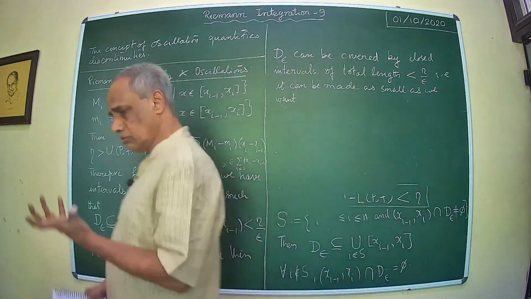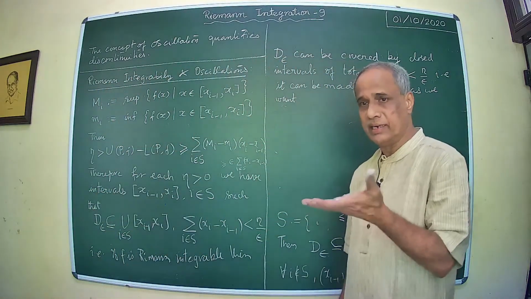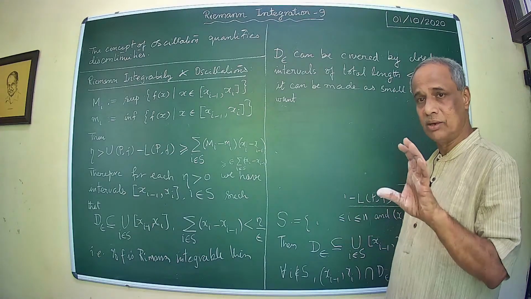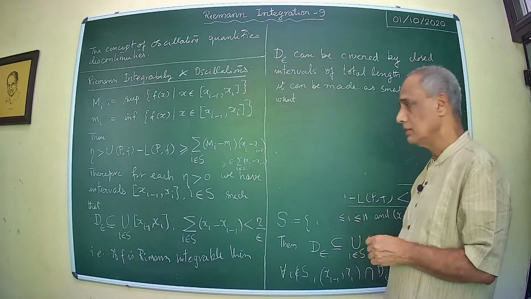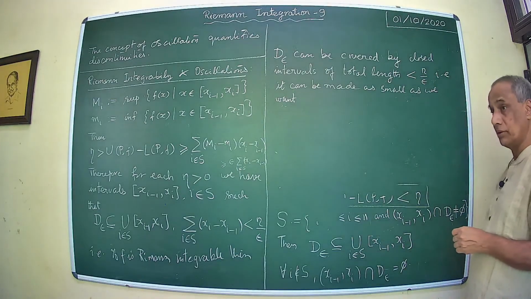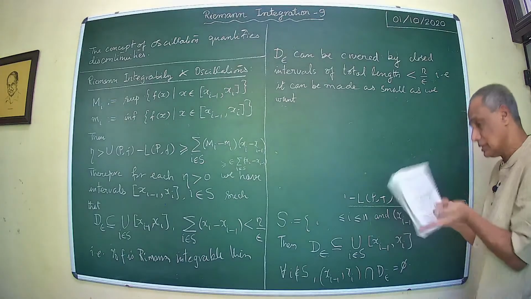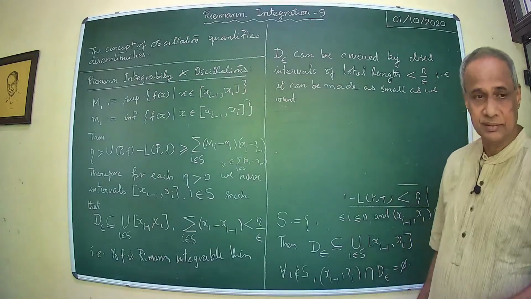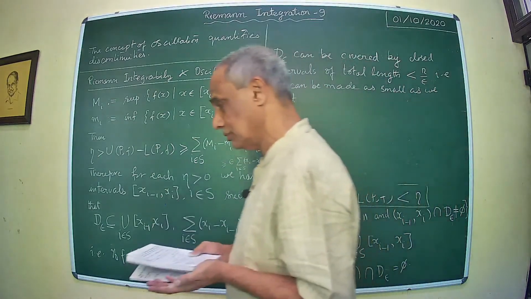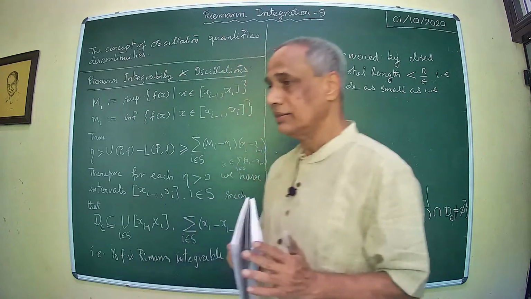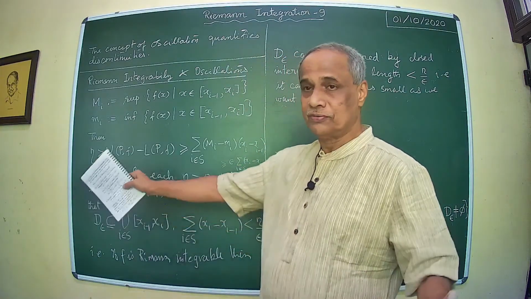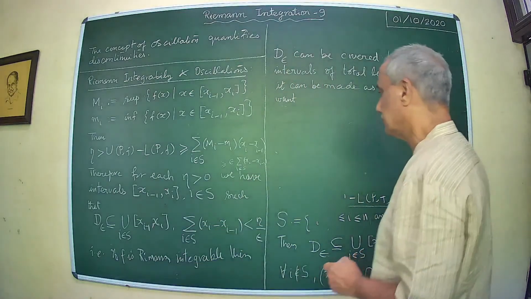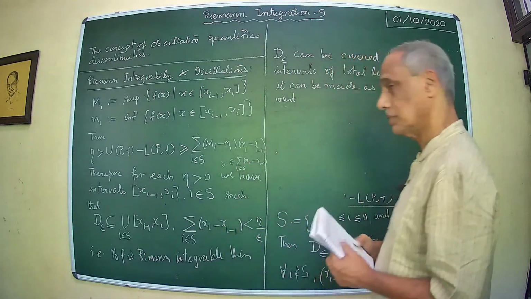So we are looking at the set of points where the oscillation is greater than or equal to epsilon. And what we say is that those discontinuities can be covered by a set of closed intervals whose total length is less than beta by epsilon.